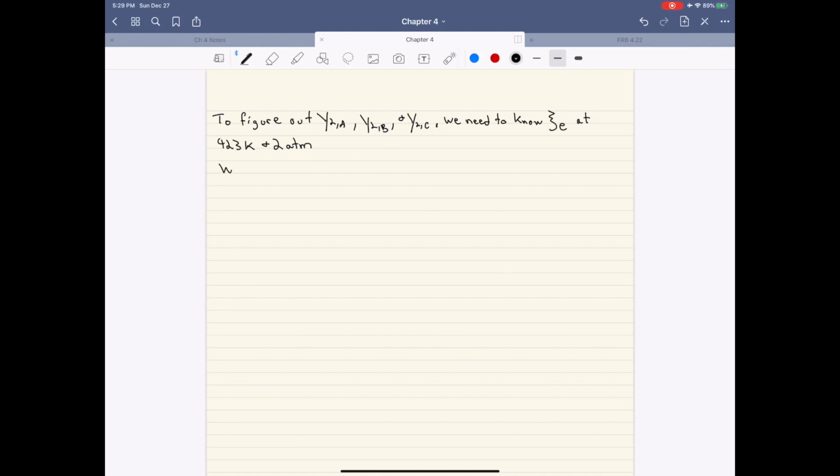First, I'll write down what I was trying to explain. We could use the K sub E equation we derived in part B to get this.